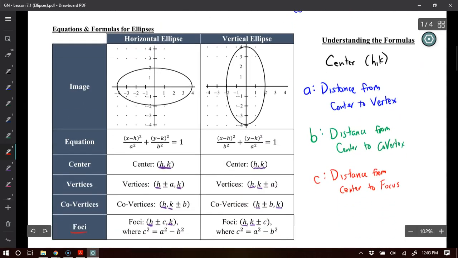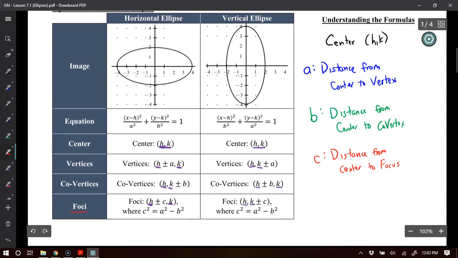And so that's why for horizontal, you're adding and subtracting C to your h value, because you're going left and right, and those would be your foci. But for vertical, you're adding and subtracting C to your k value, because you're going up and down on it. Like I said, I encourage you to watch the video that goes over the formulas for ellipses, because it talks more about these visual patterns, moving up, down, left, right on these.